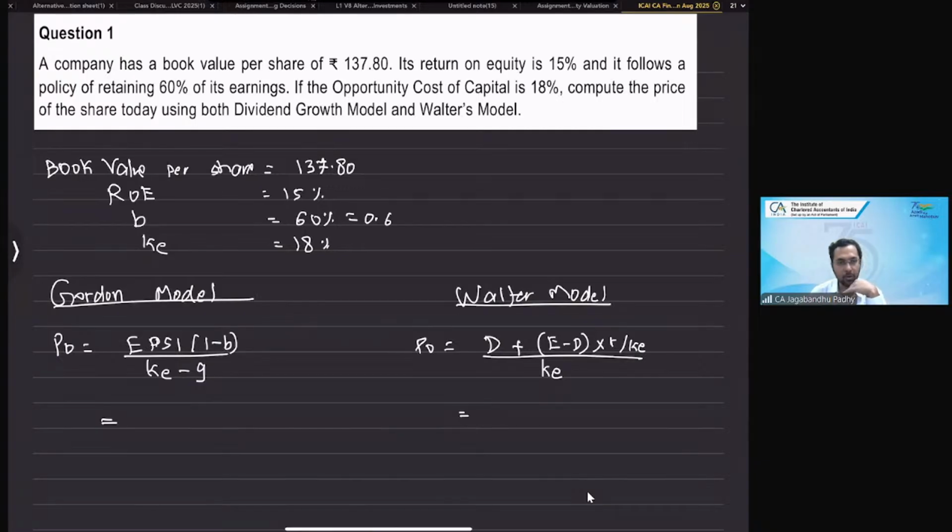What's the value as per Gordon and Walter model? 91.91 as per Gordon model.